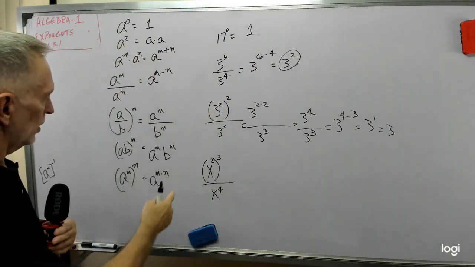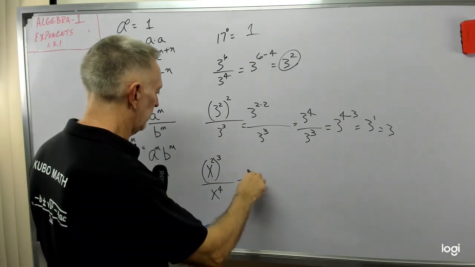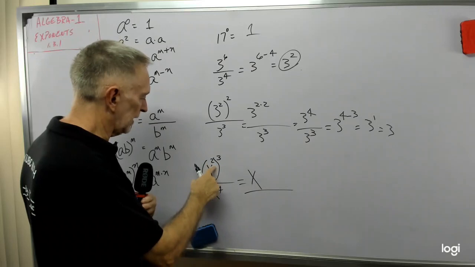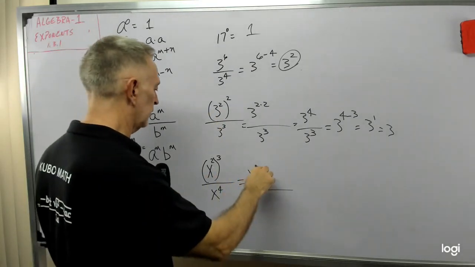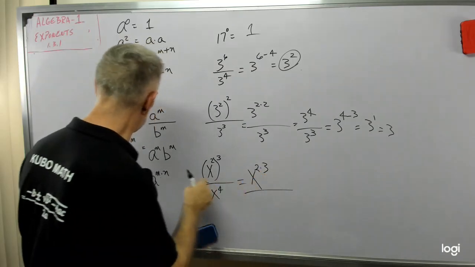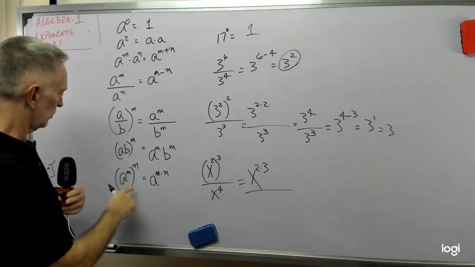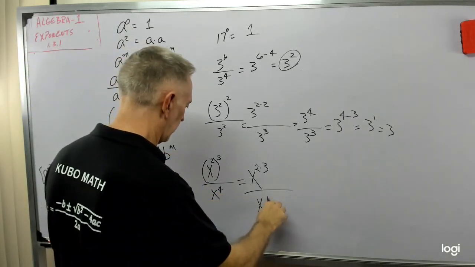Okay, this one is very similar to the one above. So now we have x raised to the 2nd power, then that raised to the 3rd power, so that's x to the 2 times 3, following the rule. Yeah, this one here, divided by x to the 4th.